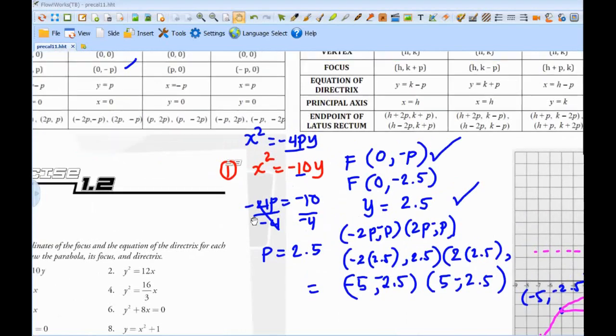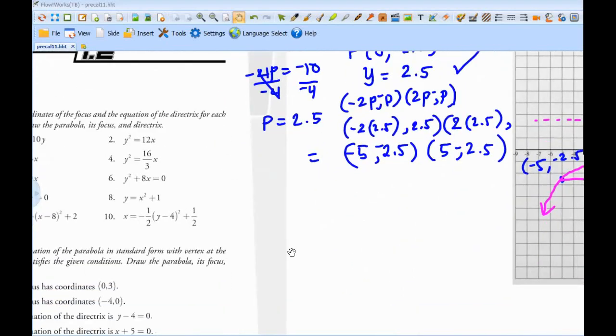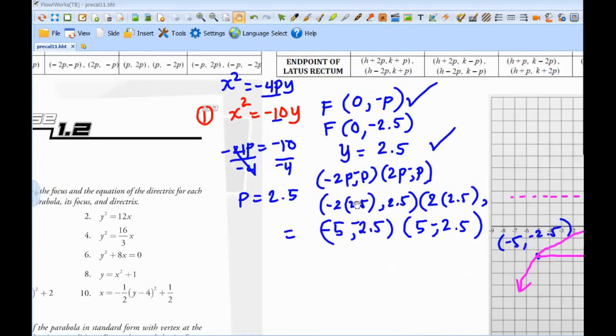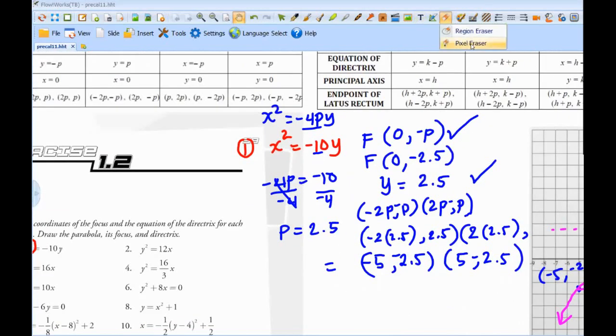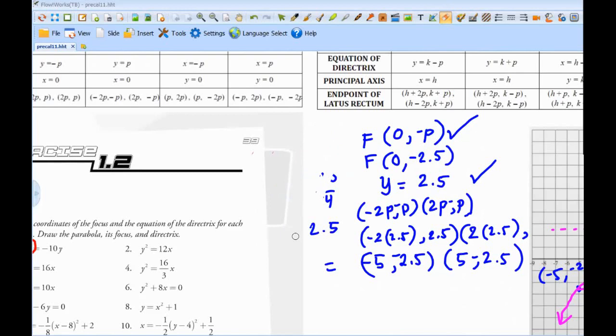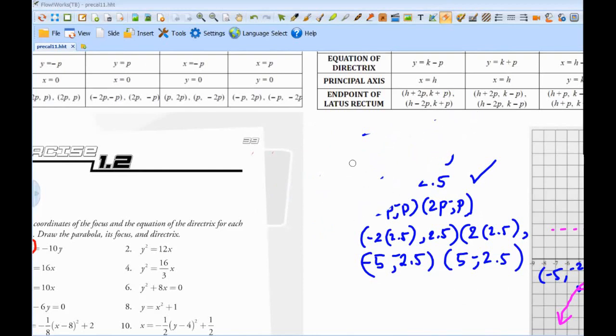Now we have the second one. y squared equals 12x. Okay, so which case is that? So I'll be deleting this first. Which case is the given on number 2? As you can see, it is on the y squared.